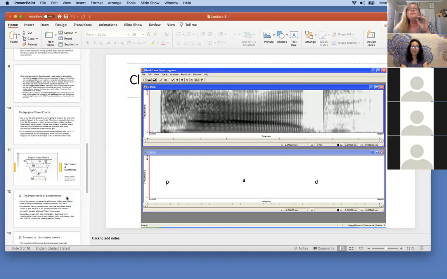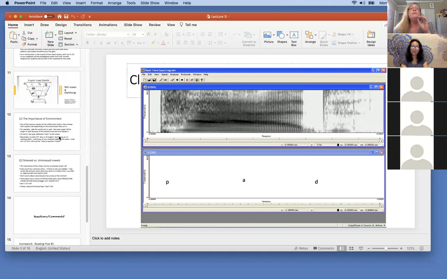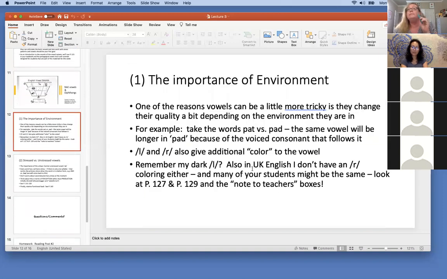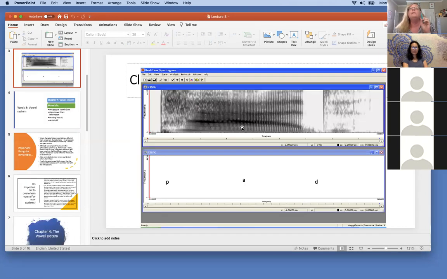So this is called vowel coloring, and we talked about it a little bit last week. For example, one of the first things is if you take the words pat and pad, it's the exact same vowel, but in the case of pad, because that vowel is followed by a voiced consonant, it's going to be longer.